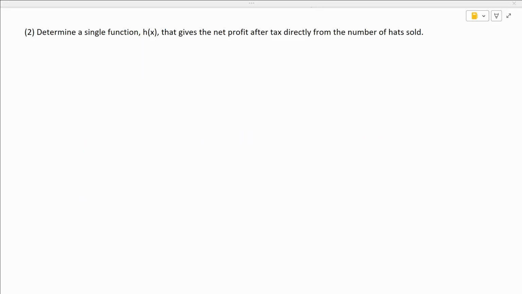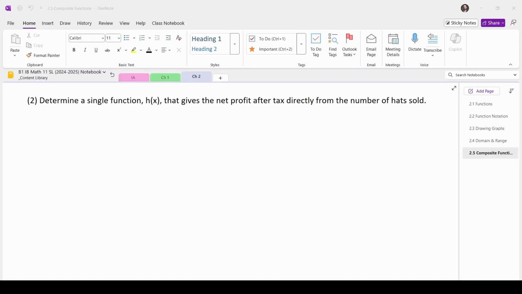And then we get question number 2. Determine a single function h that gives the net profit after tax directly from the number of hats sold. Now, think about what's going on here. We start with the number of hats, and then from the number of hats, we get the net earnings.